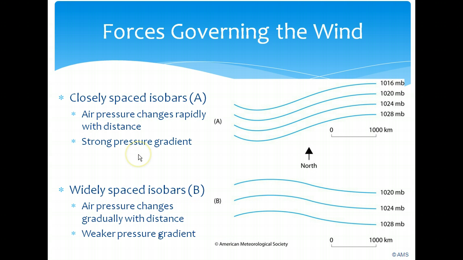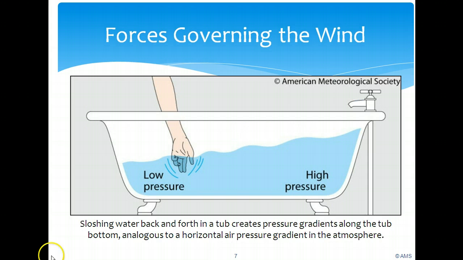As we know, when we look at maps, the horizontal air pressure gradient is relatively steep, as we see in example A, where isobars are closely spaced, and weaker, as we see in the diagram below, where isobars are farther apart. It's important to note that air pressure gradients are always measured in the direction of greatest change, that is, perpendicular to the isobars.